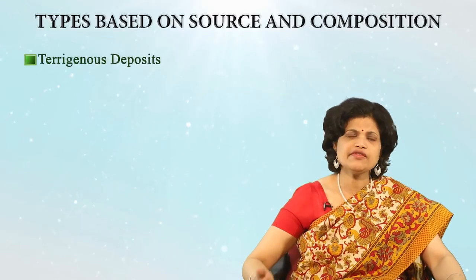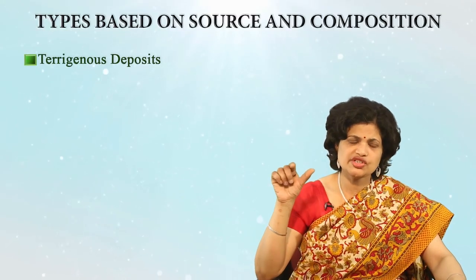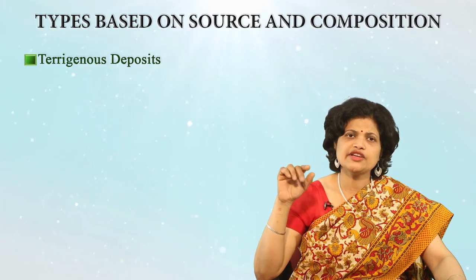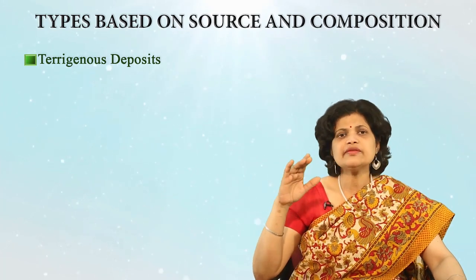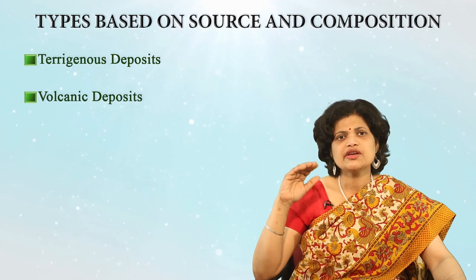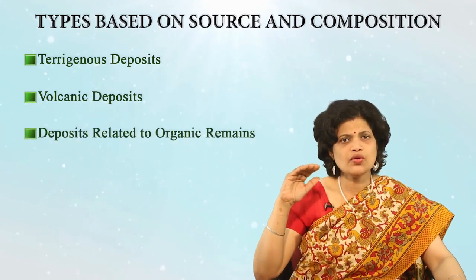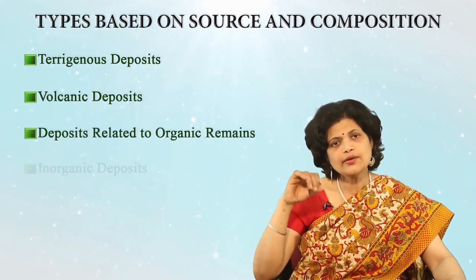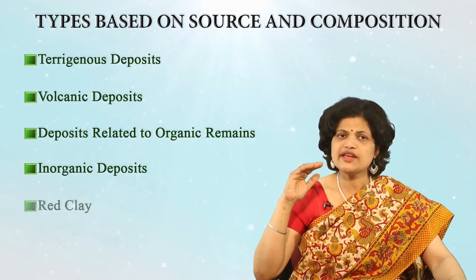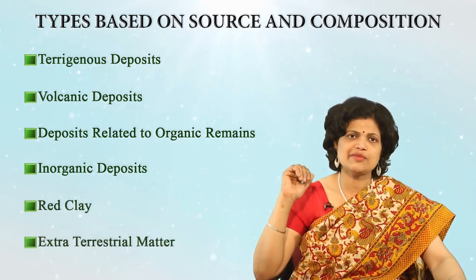On the basis of composition, we divide ocean deposits into terrigenous deposits, again focusing on the composition part in detail, and then volcanic deposits, deposits related to organic remains, inorganic deposits, red clay and extraterrestrial matter. So you see there are different sources: volcanic sources, organic remains, inorganic remains, red clay.